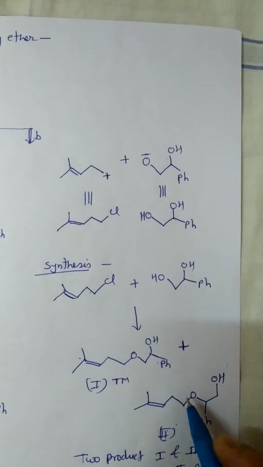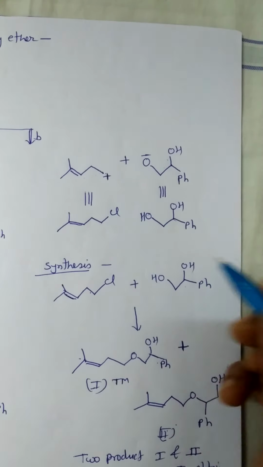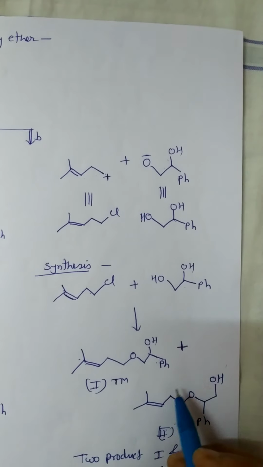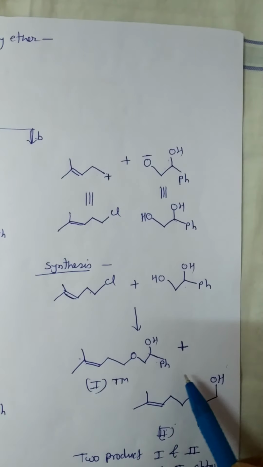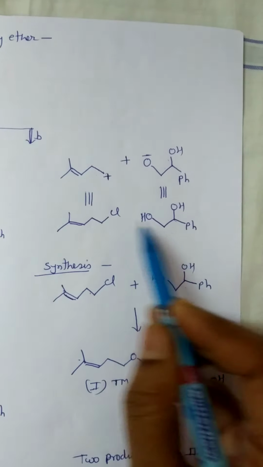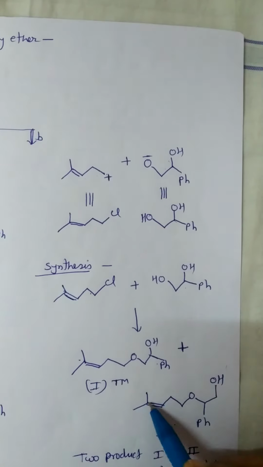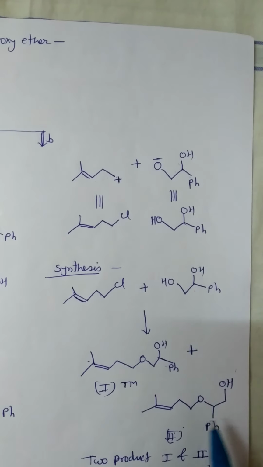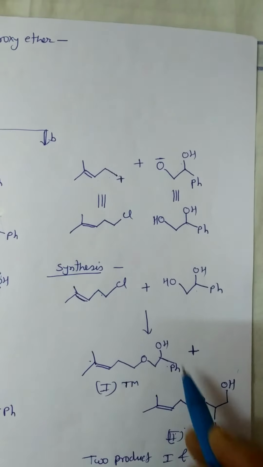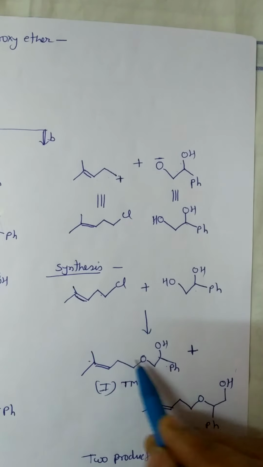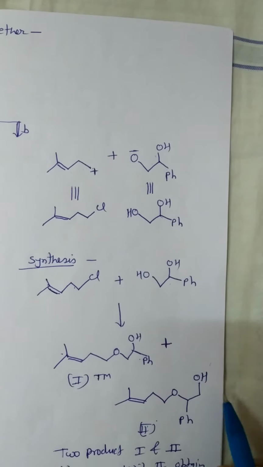This compound is obtained by the reaction of this OH group, and therefore by this disconnection we get these two compounds, and by synthesis we get these two types of compound. The yield of these two compounds is sometimes 50-50%, but sometimes the target molecule is not obtained, and we get this type of compound 100%.